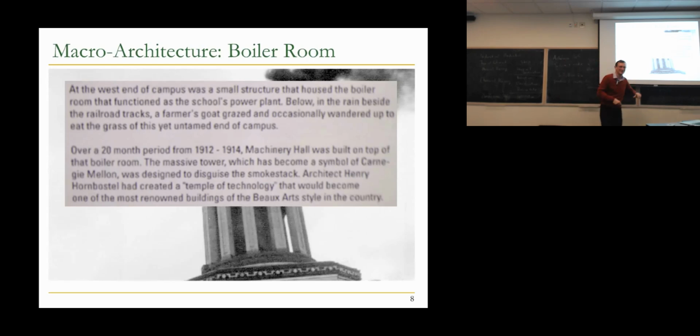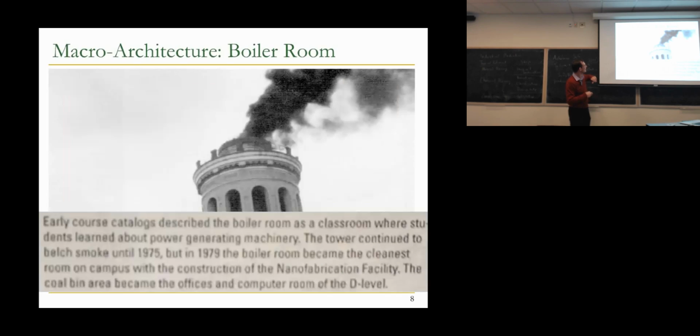Carnegie Mellon campus is a prime example of the Beaux-Arts style, actually, in the world, almost. And early course catalogs described the boiler room as a classroom where students learned about power generating machinery. The tower continued to belch smoke until 1975.